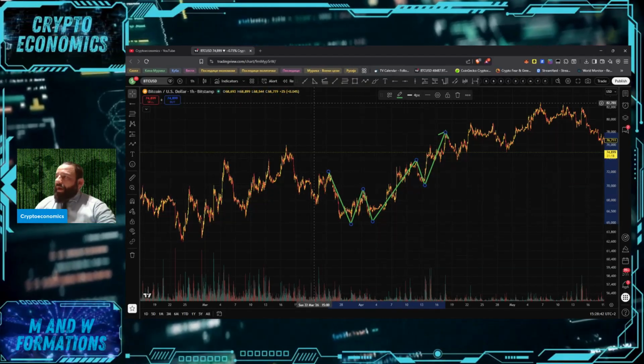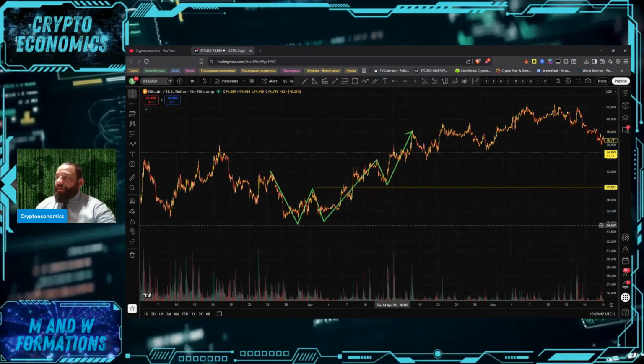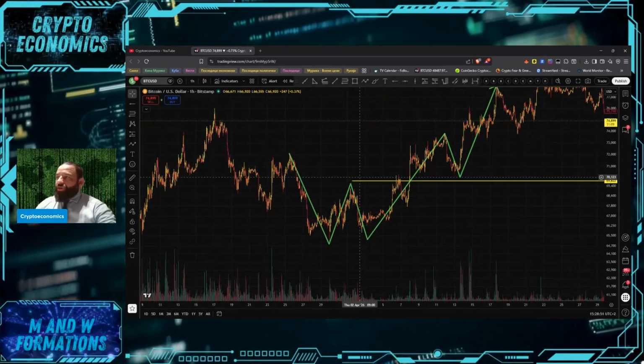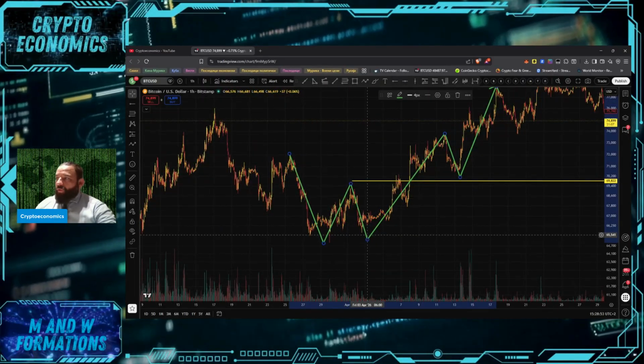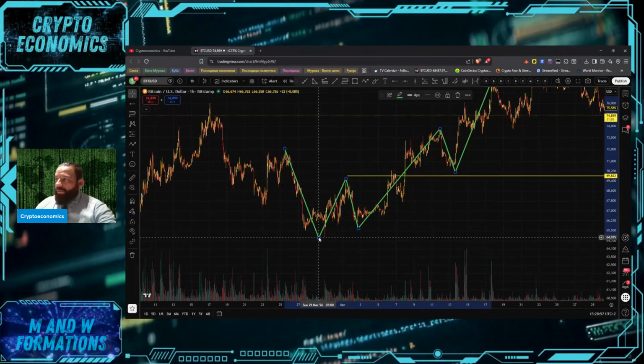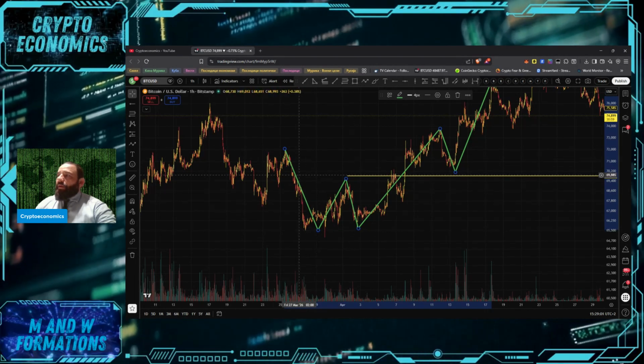And now let's put this to a test. Look at this. We can see a school-way W formation that has formed on these two bottoms. Now, more or less, it's going to be something like this, because this is the level. And what do we have?